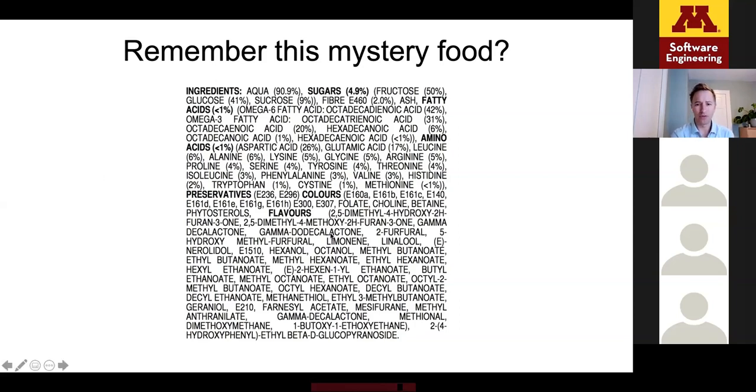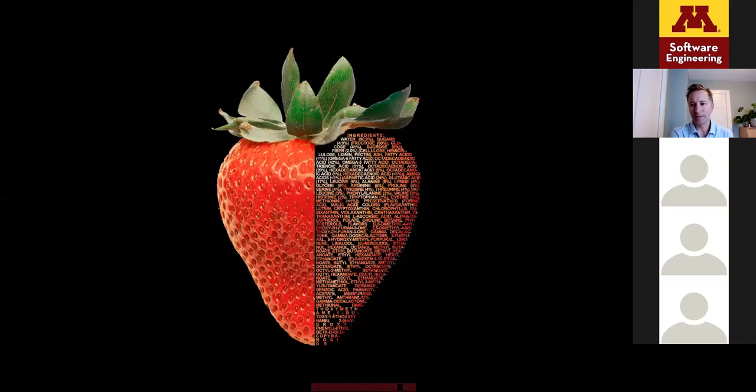Look at all these different flavoring components, colors, preservatives, sugars, fatty acids, and so on. And you might not guess, this is actually a whole food that some of you might have consumed in the last week. It's actually a strawberry, and that's what's in the strawberry.